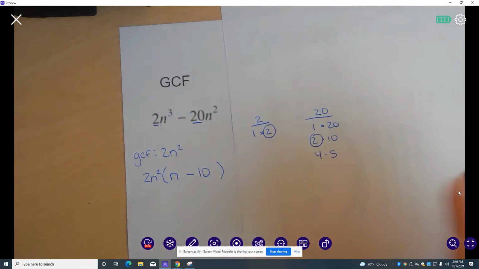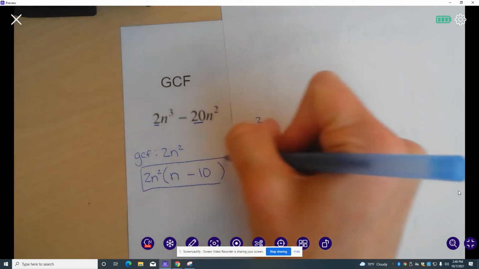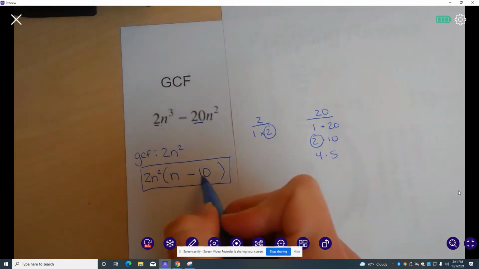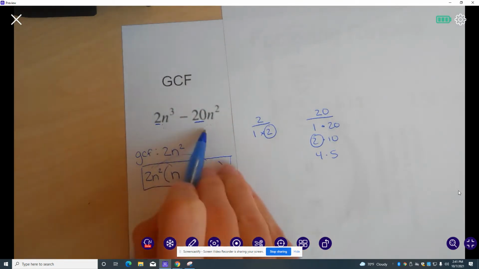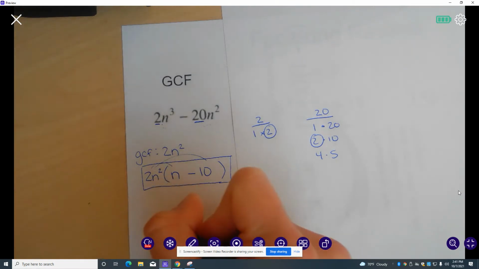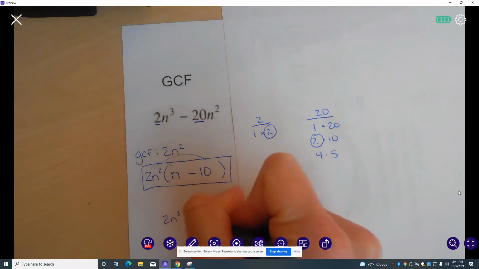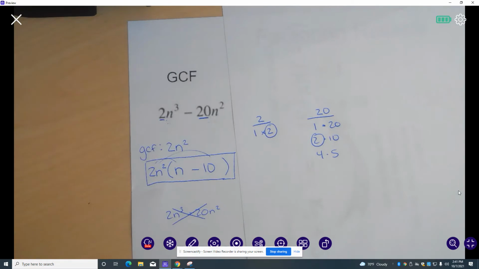And so my final factored form, after factoring out the greatest common factor, is 2n squared times the quantity n minus 10. You could always double check your answer, right? If you use the distributive property and multiply that 2n squared back through, you should get what you started with. So 2n squared times n, that's 2n cubed. 2n squared times negative 10, that's negative 20n squared. So you've done it correctly.